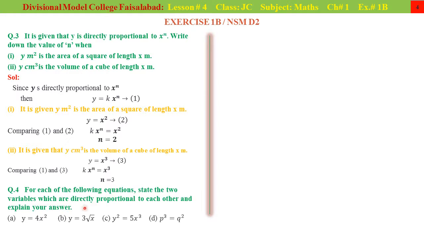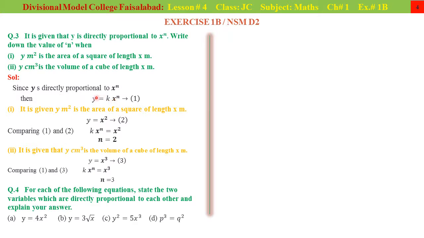So in question number 4, you are asked, for each of the following equations, state the two variables which are directly proportional to each other and explain your answer. In part A, the equation is given: y is equal to 4x square. Look, when y is directly proportional to x raised to the power n, we write y is equal to k x to the power n.